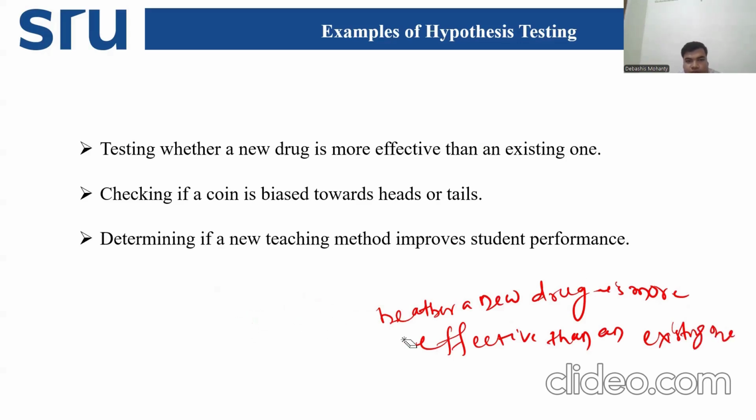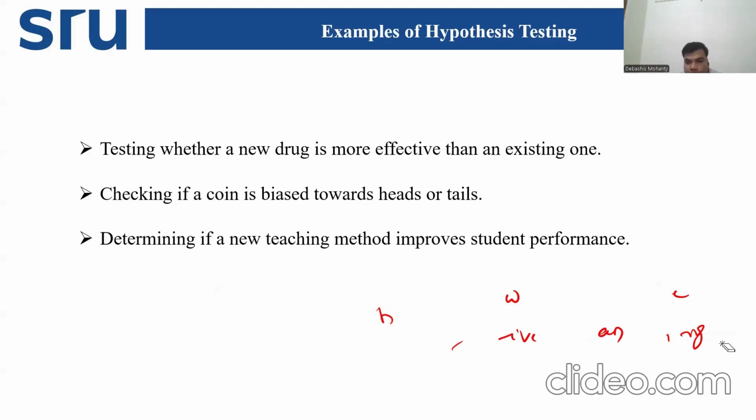Another example is testing if a coin is biased towards heads or tails. That is also important, so either it is a head or it is a tail, and that is what we are checking.